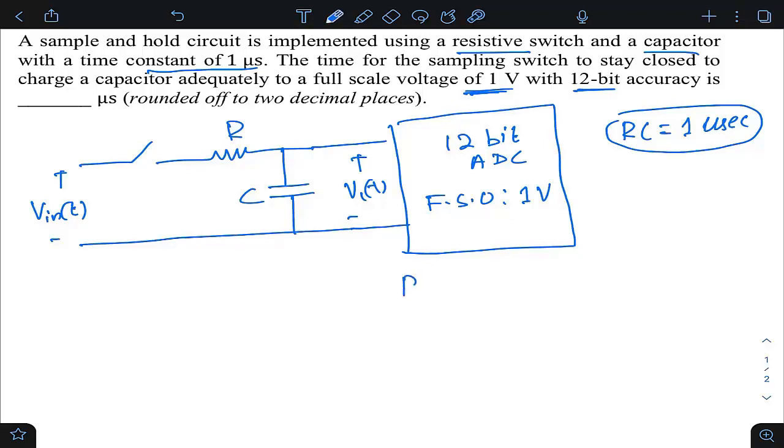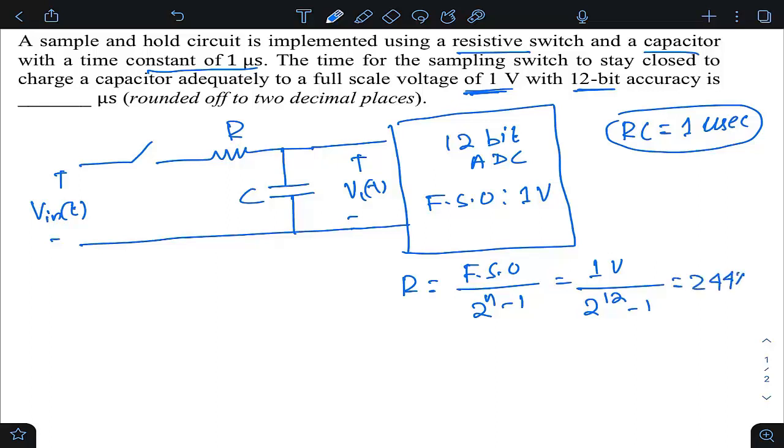Resolution is calculated using full scale value, which is 1 volt here, divided by 2 raised to power n minus 1. In this case, it is 1 volt divided by 2 raised to power 12 minus 1. If you evaluate this quantity, it comes as 244 into 10 raised to power minus 6 volts, or 244 microvolts. This is the resolution.